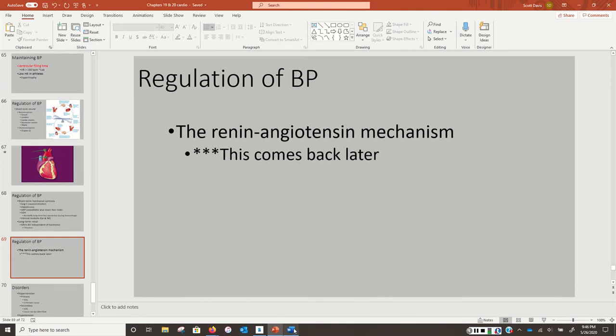So, let's draw the renin-angiotensin mechanism. We're going to look at what happens when there is a drop in blood pressure. Now, this is going to be kind of a big, elaborate drawing, so it's important the way that I'm writing these things where they are. Now, in your blood, all the time, normally not doing much of anything.